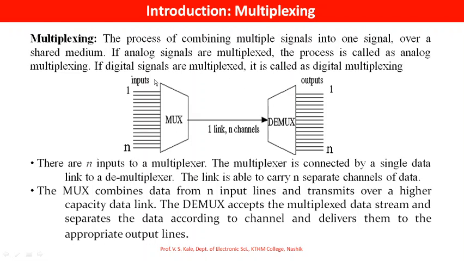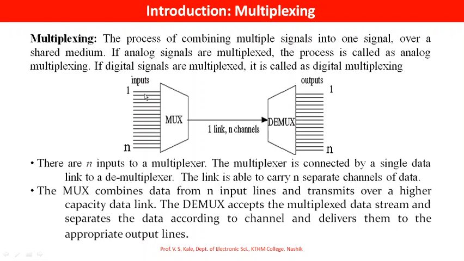Observe the diagram. The left hand side block is the multiplexer, the right hand side block is the demultiplexer, and these are connected by using a link. A single link is there, and through that a number of channels of data is sent from transmitter to receiver.